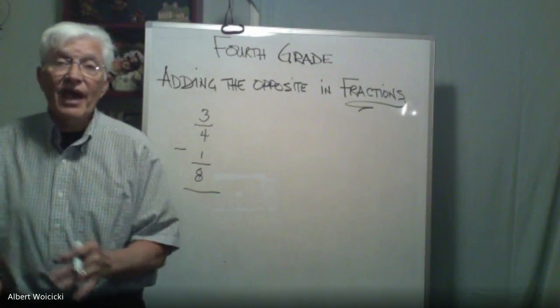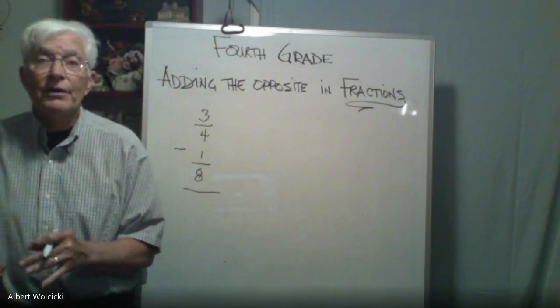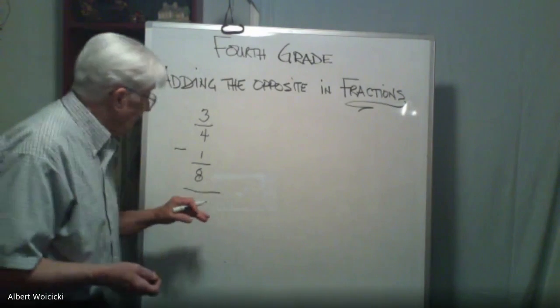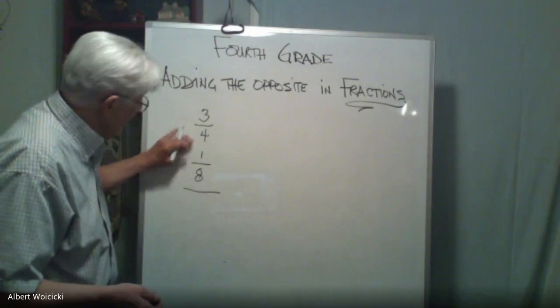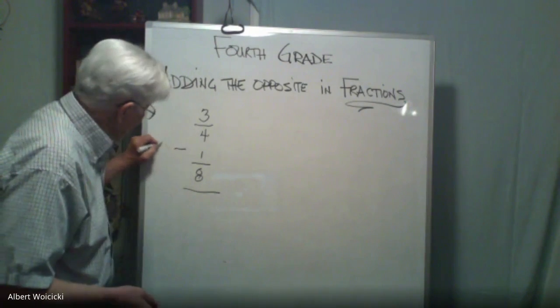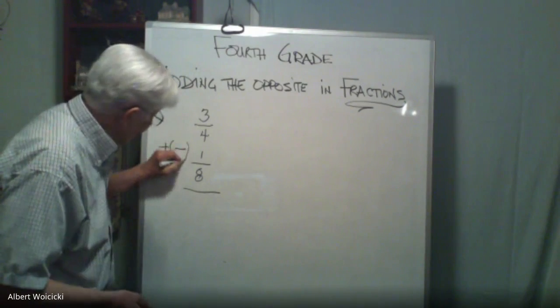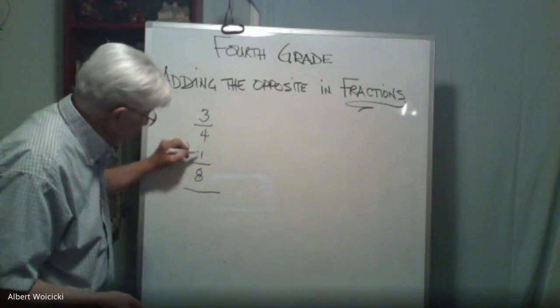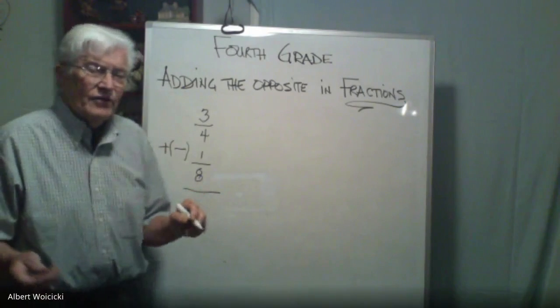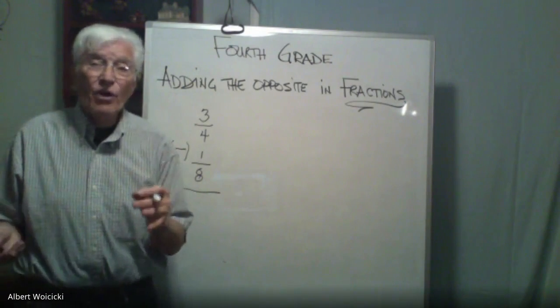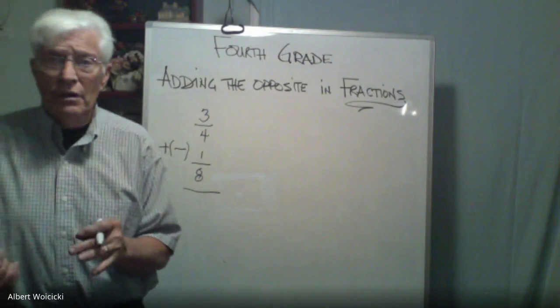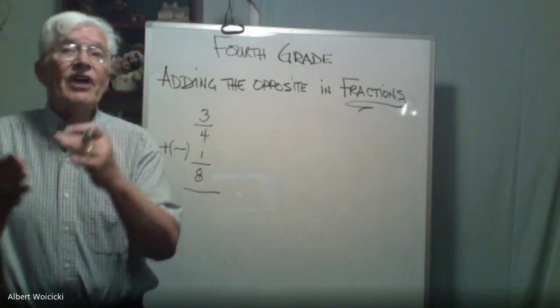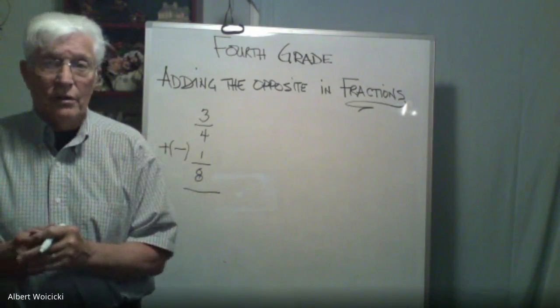I still have to have a common denominator. And you'll notice here that 3/4, and if I add the opposite, 3/4 to take away 1/8 isn't quite going to work because I don't have the same kinds. I need to have the same kinds.